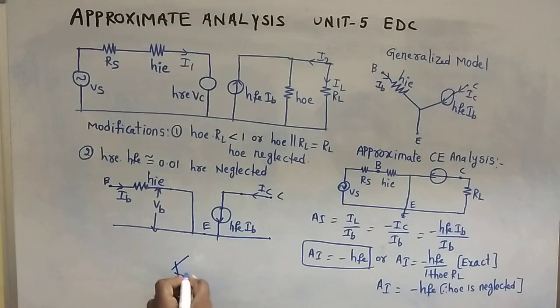This is the CE configuration. Input is base and emitter, and output is collector. Input voltage is VBE and output voltage is VCE.